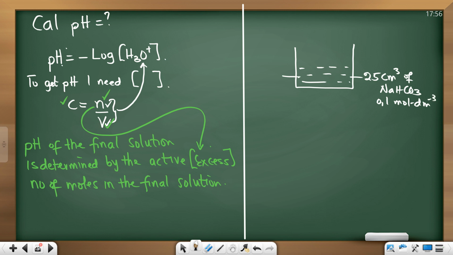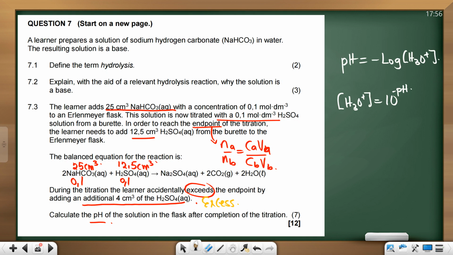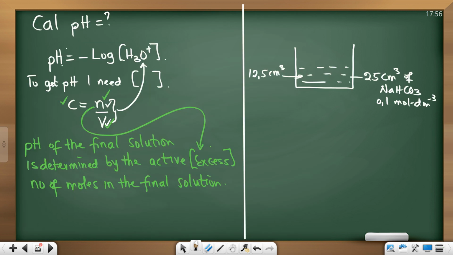We are told that this should be neutralized by 12.5 cm cube of, what acid are we using? Sulfuric acid? Yes, 12.5 cm cube of sulfuric acid. This is complete neutralization. That's what the examiner told us.